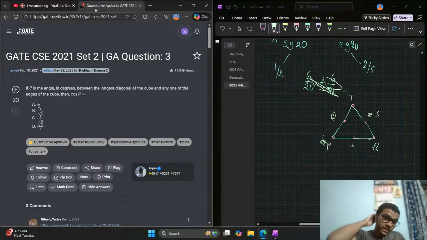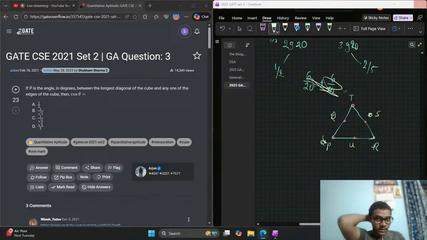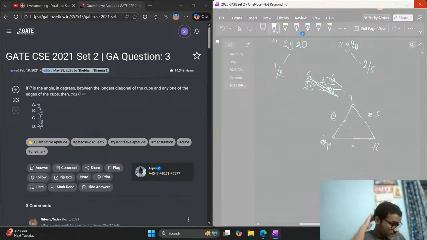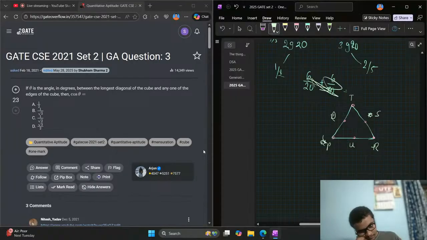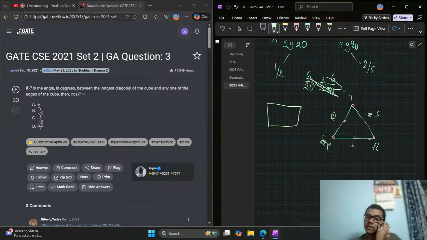Theta is the angle in degrees between the longest diagonal of the cube and any one of the edges in the cube. Then cos theta is, okay, I had this question before. So we have a cube like this. If I'm not wrong, this is a direct question from R.D. Sharma.